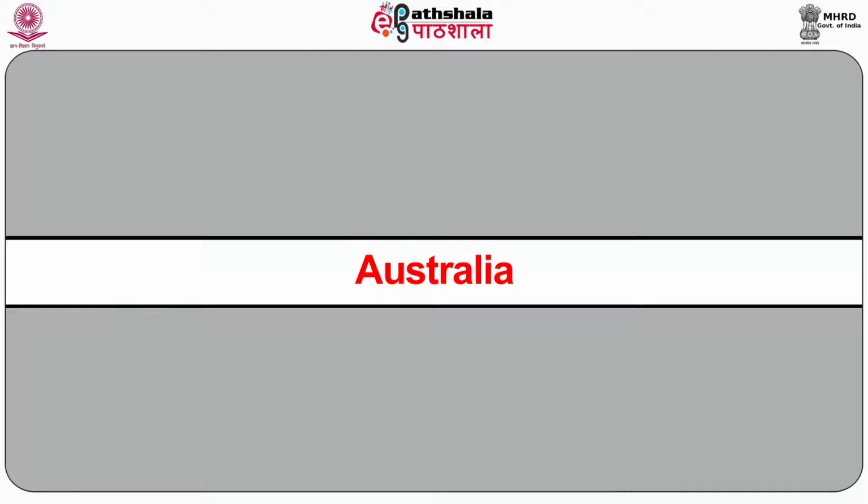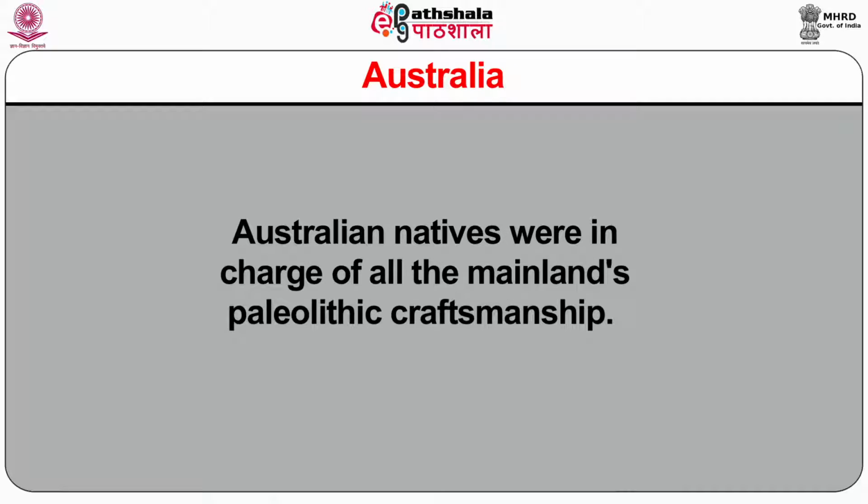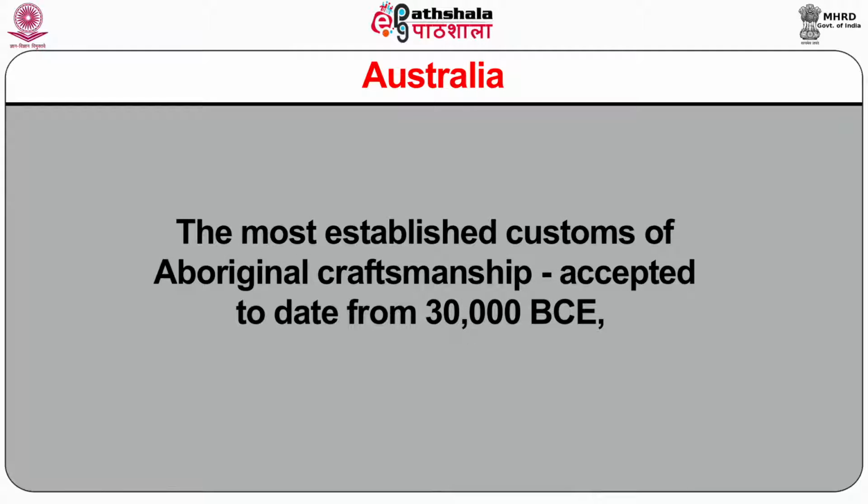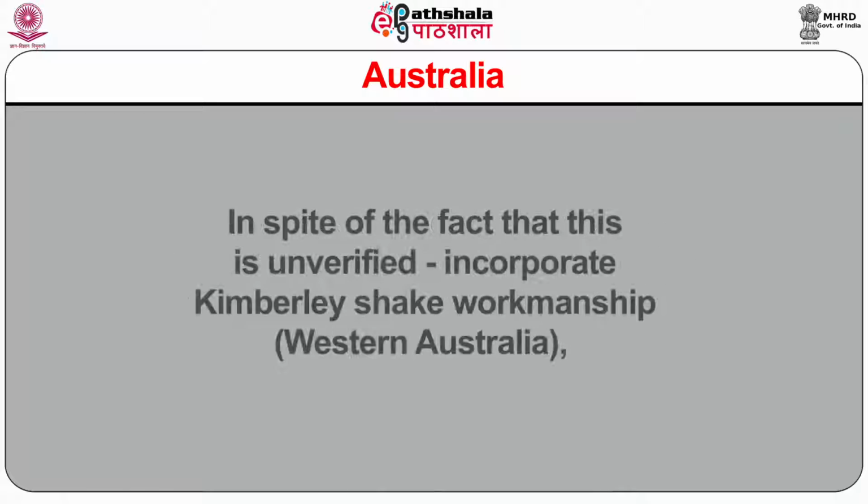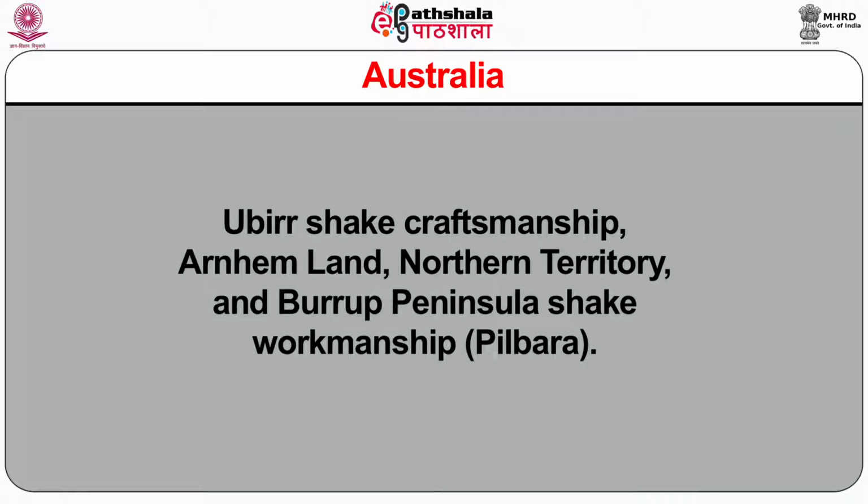Australian Aborigines were responsible for all of the continent's Paleolithic art. The oldest traditions of Aboriginal art are believed to date from 30,000 BCE, although this is unverified. They include Kimberley rock art, Ubirr rock art, Arnhem Land, Northern Territory and Burrup Peninsula rock art.